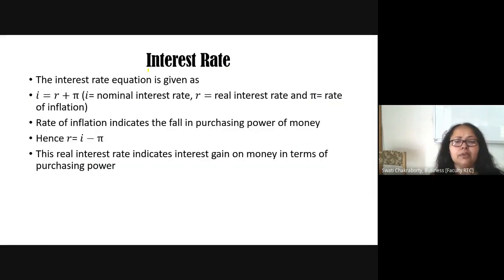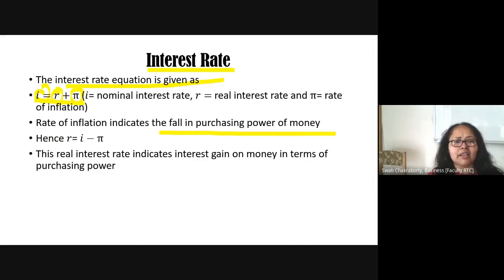Okay, we go to the next part, that is interest rate. Now, the interest rate equation is I equal to R plus pi, where I is the nominal interest rate, R is the real interest rate, and pi is the rate of inflation. So the rate of inflation that we are talking of indicates the fall in purchasing power of money. More inflation, so less is the purchasing power of money.